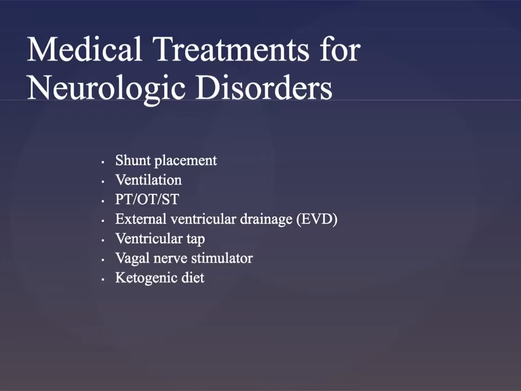We need to be monitoring for signs and symptoms of ICP, watching the neurological status, their level of consciousness, and their vital signs. We need to look for those signs and symptoms of infection. So signs and symptoms of infection would be those elevated vital signs.